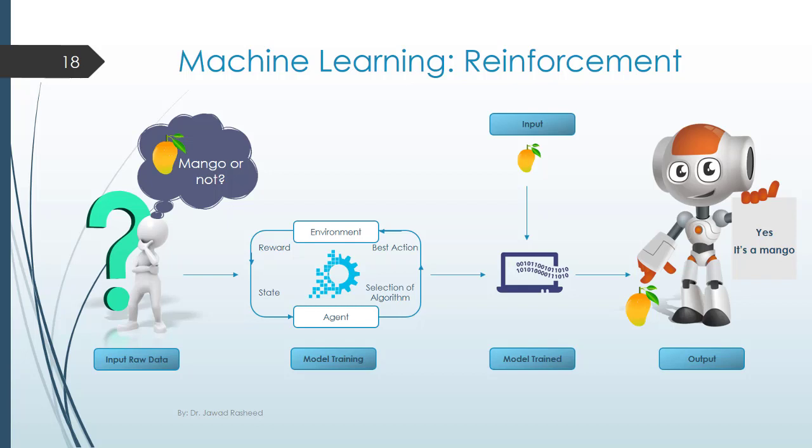But when the agent acts based on the knowledge gained from the environment, it is referred to as exploitation. So when the agent learns from the knowledge gained from the environment, then it is referred to as exploitation.